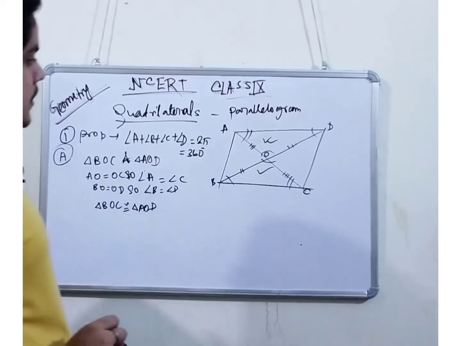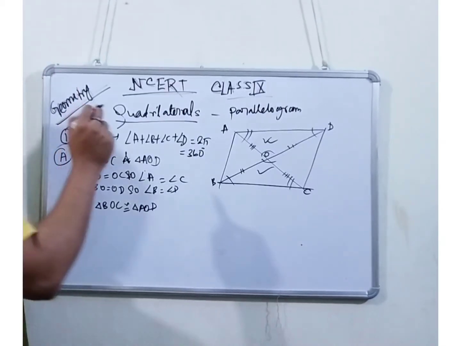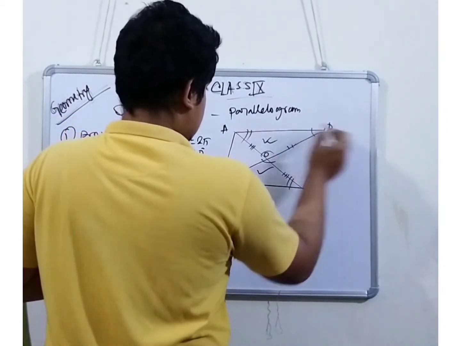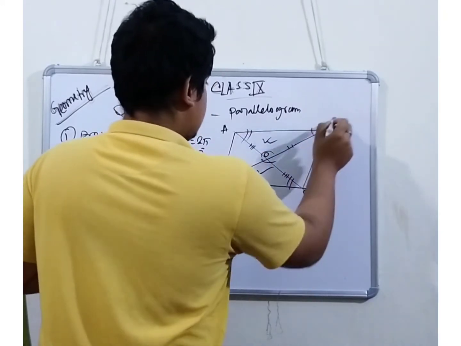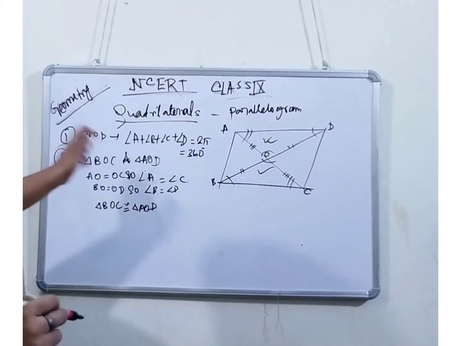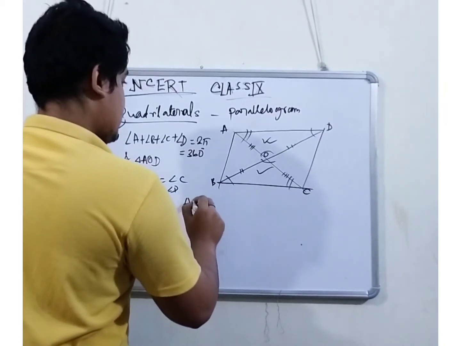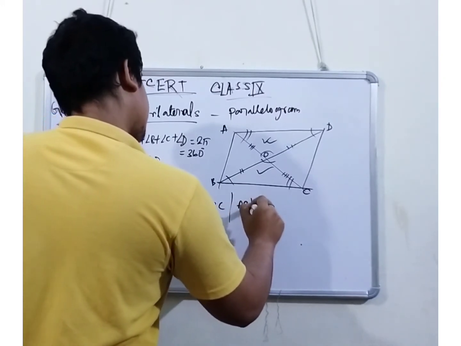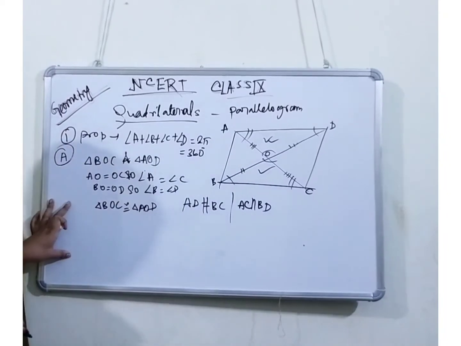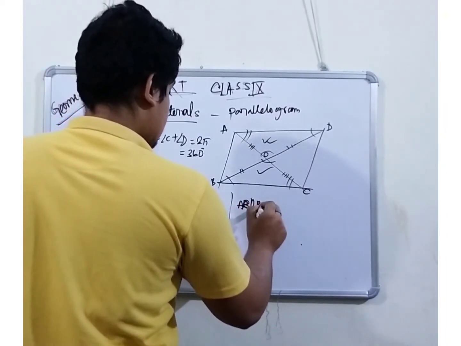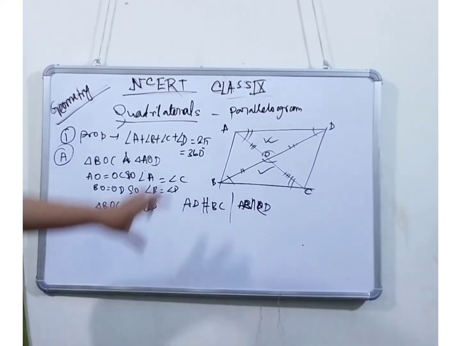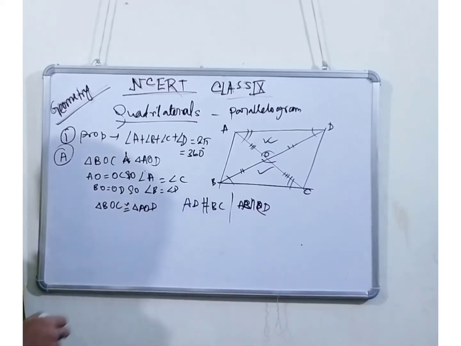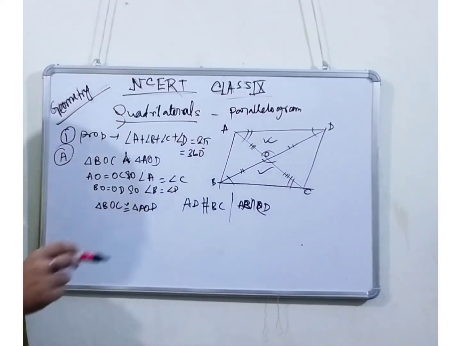After that we can come to a conclusion that these are two parallel lines with a transversal. So these two, AD and BC, both are parallel, and also AB and CD both are parallel. So these two lines are parallel because of that. So this is a quadrilateral which is a parallelogram.